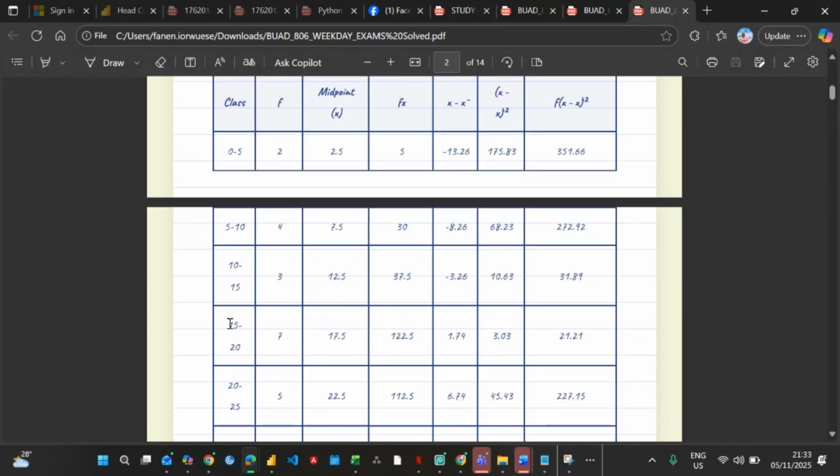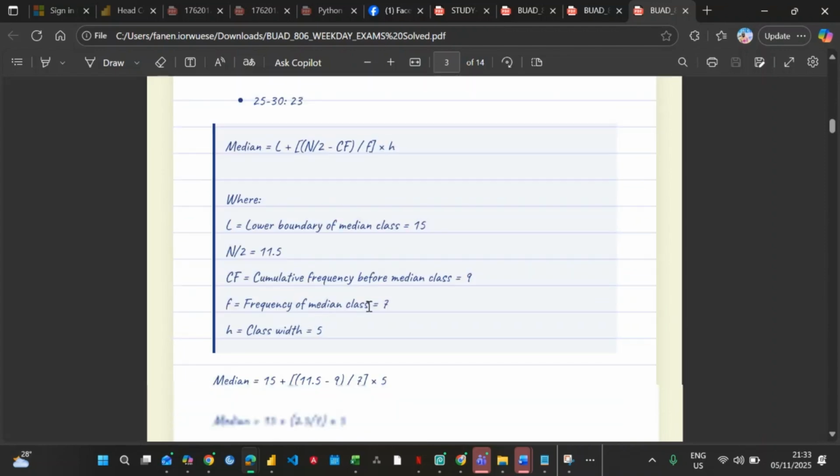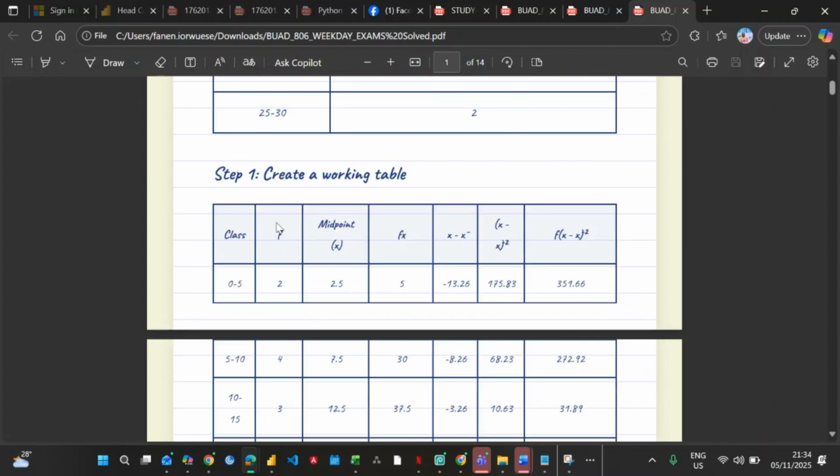We now have the frequency of the median class, which is 7. If you check where the 7 is, it falls between 15 to 20. Can you see? So this is the 7. So that is the frequency. Then we have the class width.